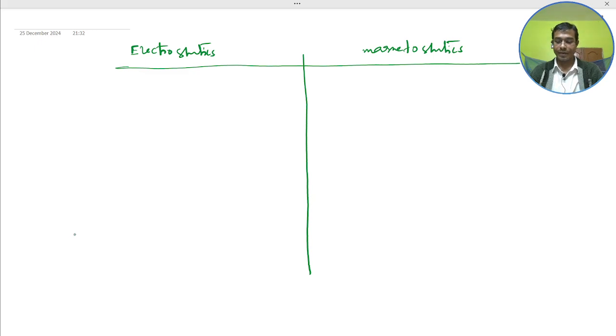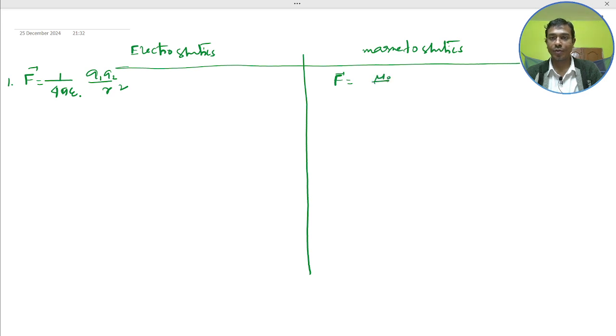First, here is charge and here is pole strength. Here the force is 1 by 4 pi epsilon naught q1 q2 divided by r square, and here the force is, as a vector, mu naught by 4 pi m1 m2 by r square.